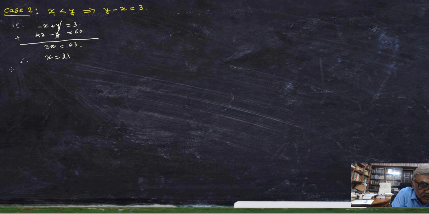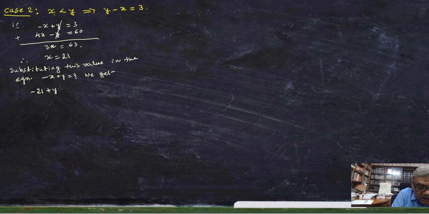And substituting this value in the equation minus x plus y equal to 3, we get minus 21 plus y equal to 3, which implies y equal to 24.